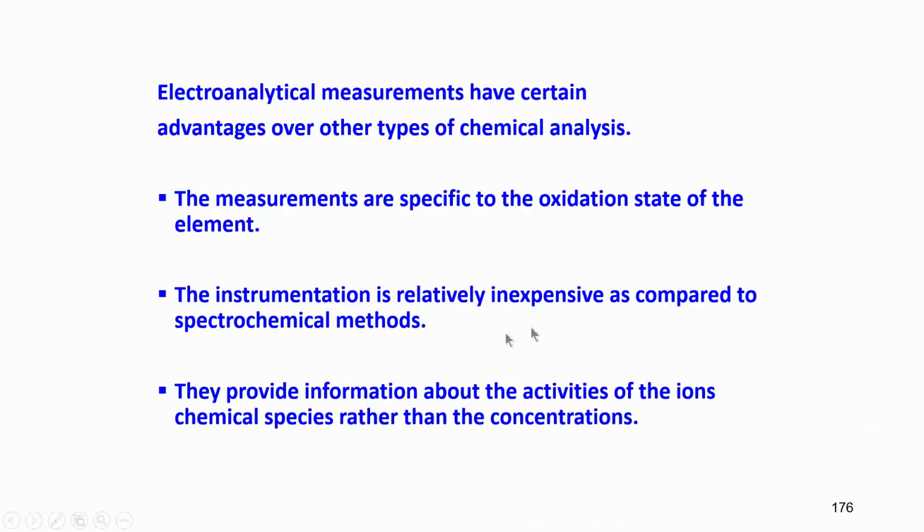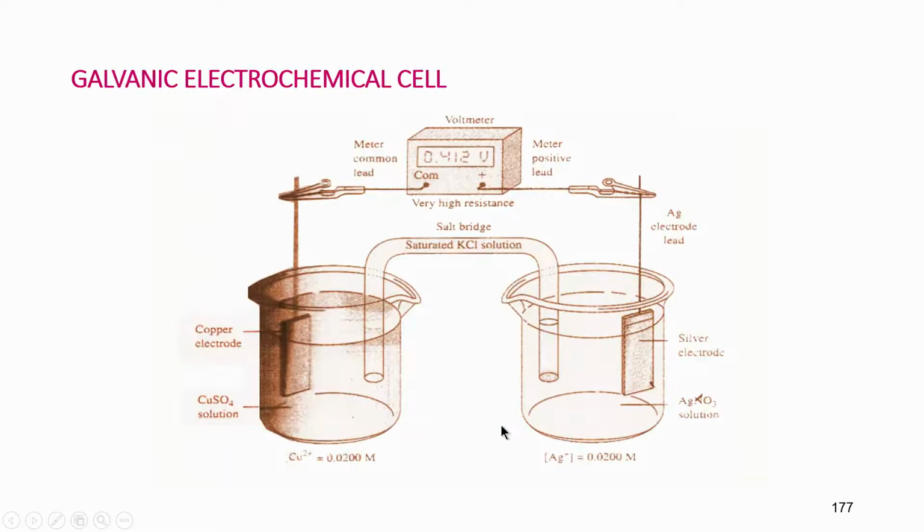We can also say that they provide information about the activities of the ions and the chemical species rather than the concentrations. You remember our discussion about the activity. So, we get information about the activity rather than the concentration. That is another important aspect for us to consider in almost all electroanalytical measurements.